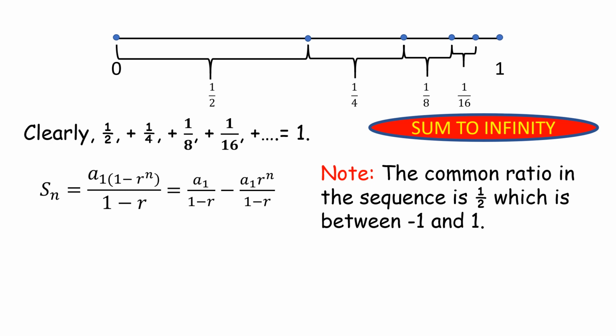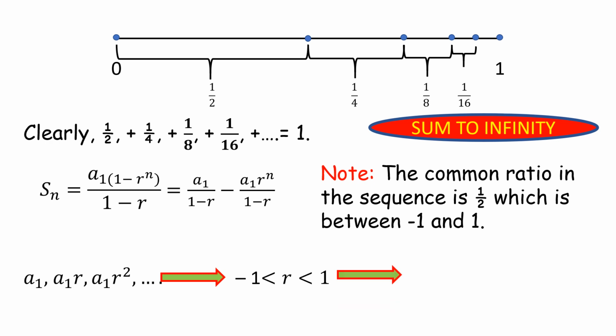So, the sum of the terms of an infinite geometric sequence, with a sub 1 as our first term, a sub 1 times r as our second term, and a sub 1 r raised to 2, or r squared, as our third term, and so on, where negative 1 is less than r less than 1, the formula will be sum to infinity equals a sub 1 over 1 minus r.